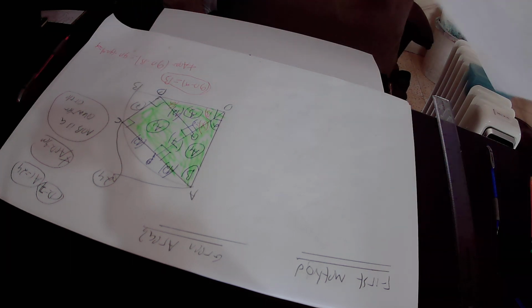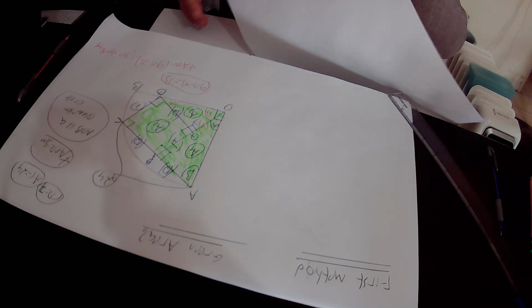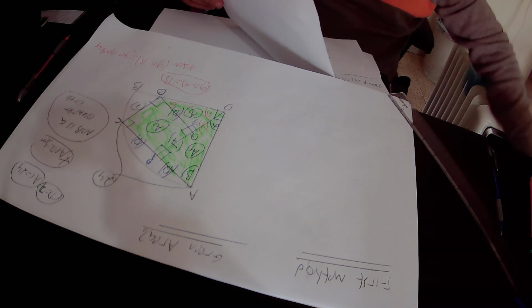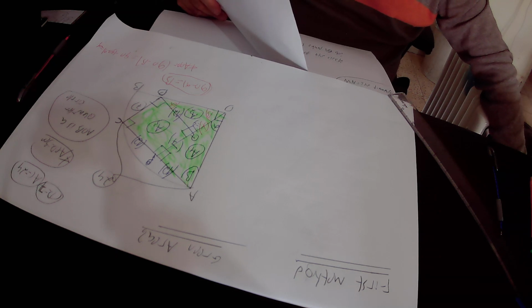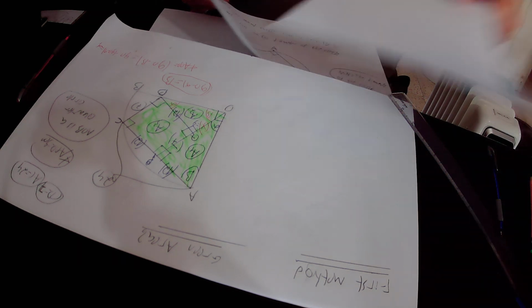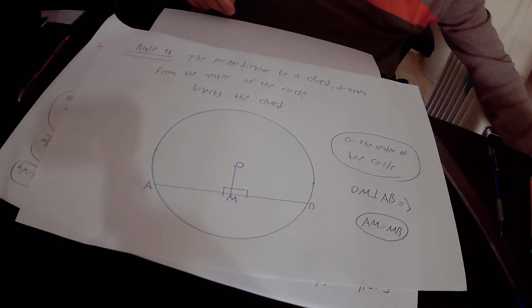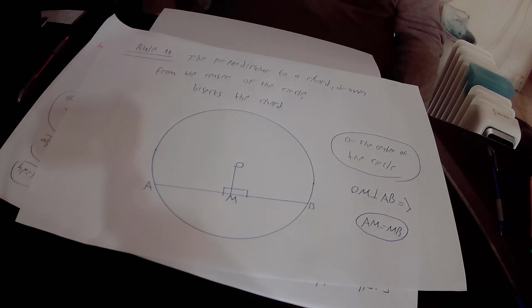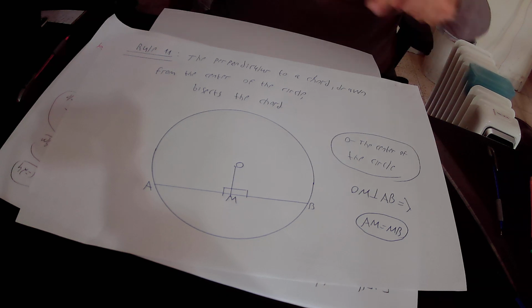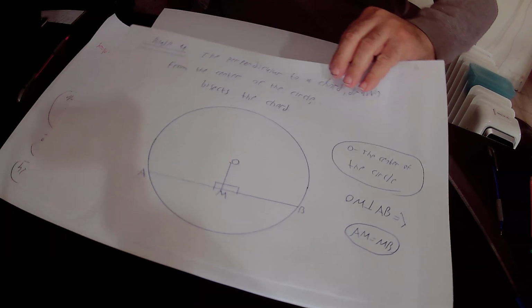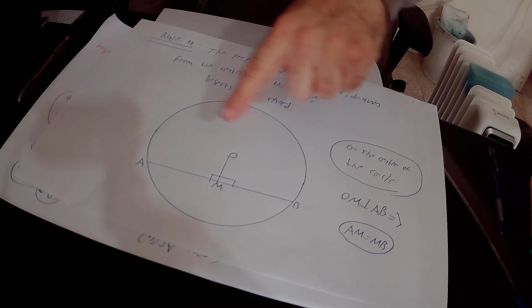So here we have rule number 11. According to rule number 11, the perpendicular to a chord drawn from the center of a circle bisects the chord. Point O is the center of the circle. From point O we draw perpendicular OM on AB.